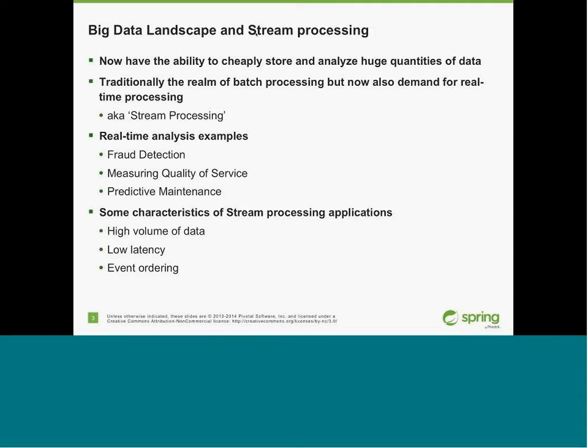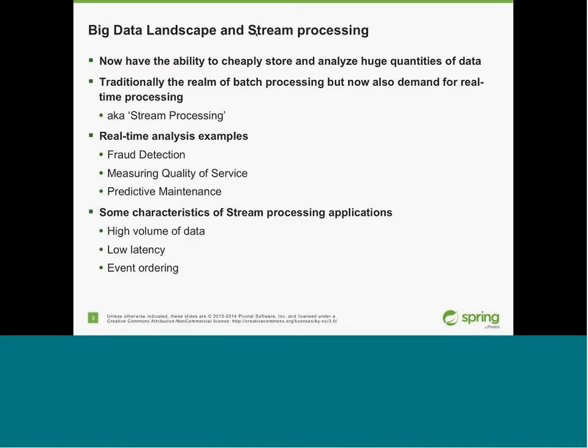So during the processing, we want to preserve that ordering. If it doesn't happen over the entire set of data, at least it should happen over a subset. For example, for a specific user or a specific application. So these are the characteristics of stream processing applications.